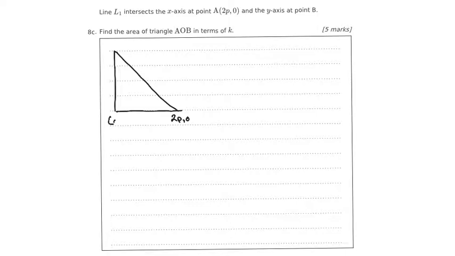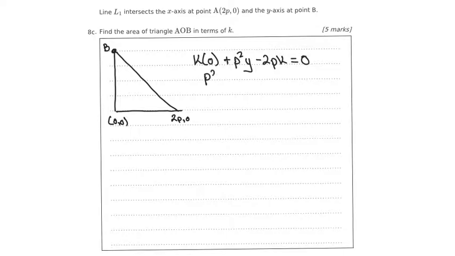We know that this is the point 0, 0, and we have to find the point B. Well, we know that the x-coordinate at B is 0. So, if we put 0 into our equation for L1, we get k lots of 0 plus p squared y minus 2pk is equal to 0.